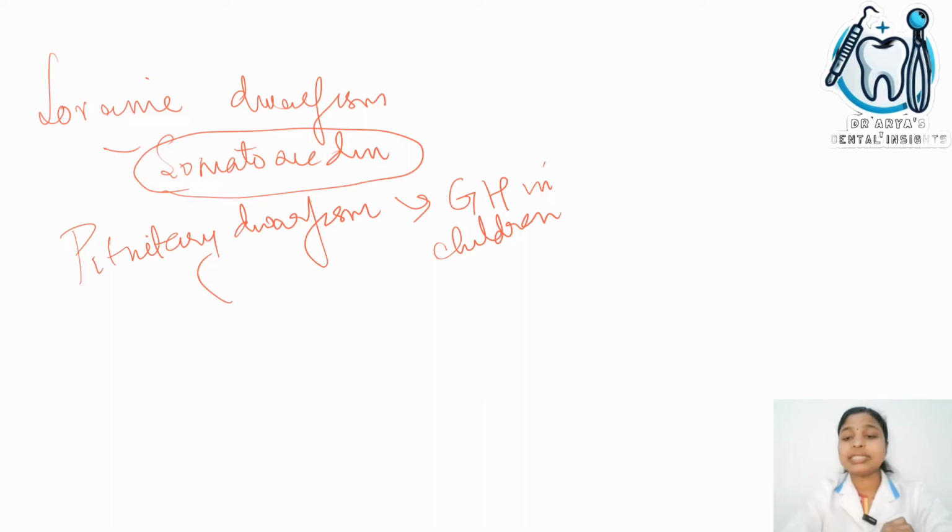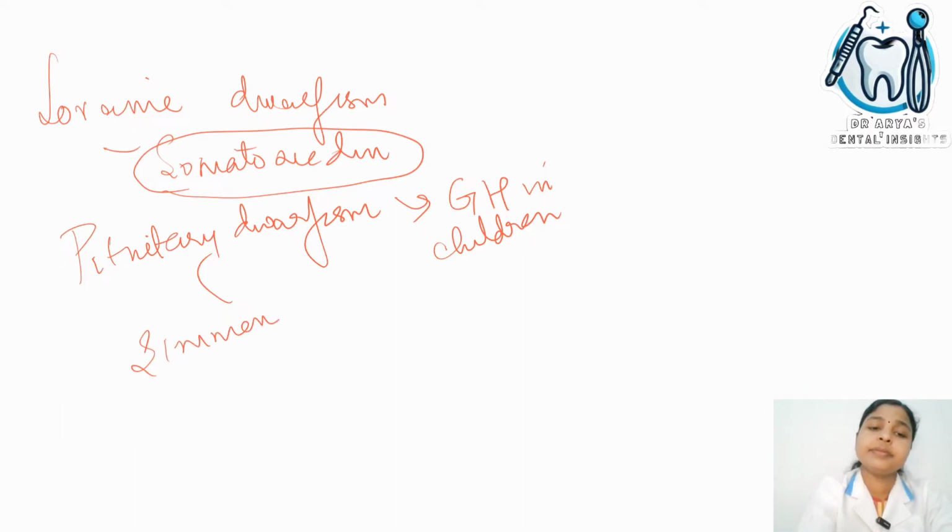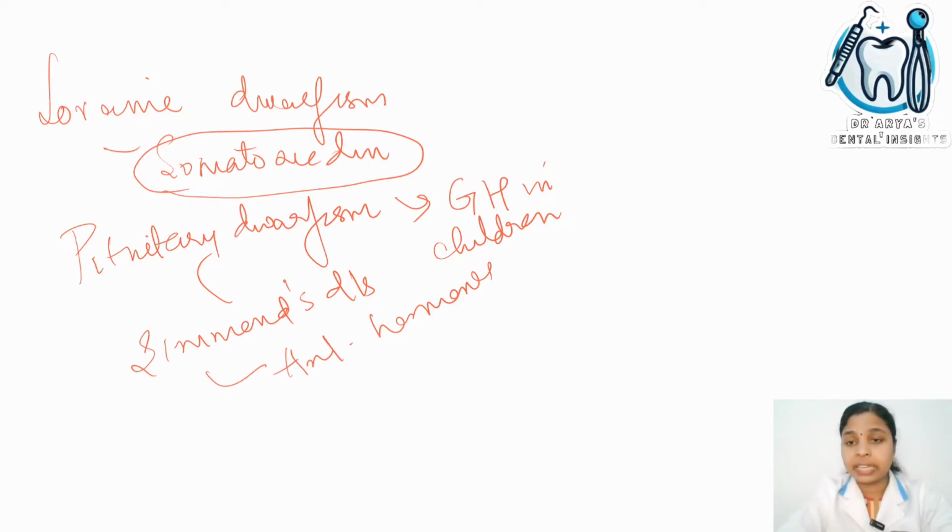Then coming to Simon's disease, it is due to the hyposecretion of all the anterior pituitary hormones. And here, the loss of hair, loss of teeth, and early senile appearance are the features.